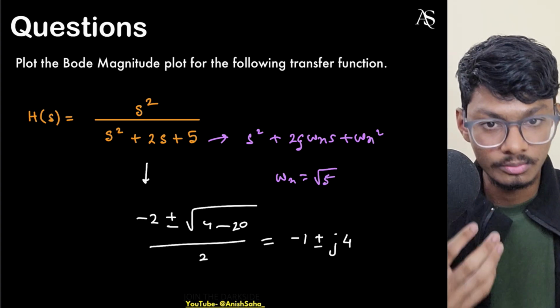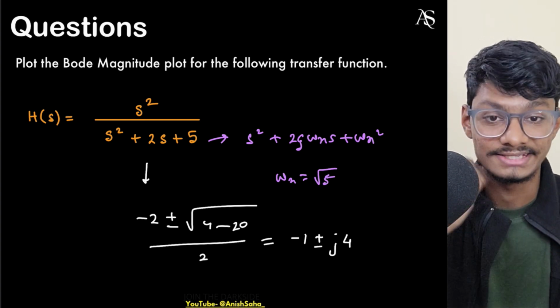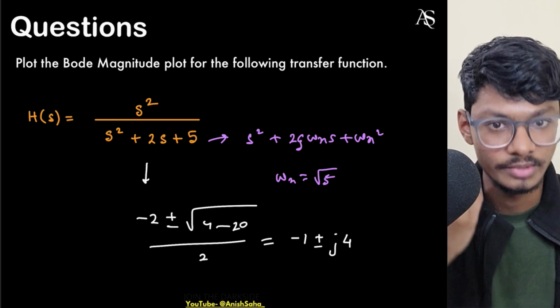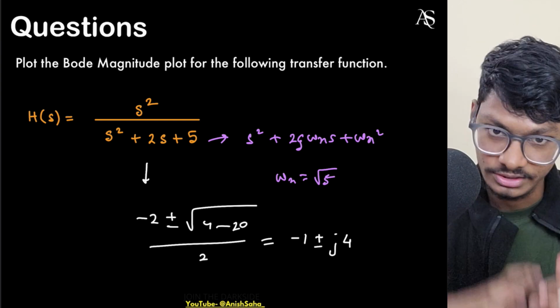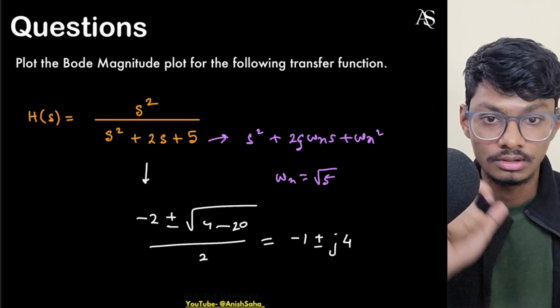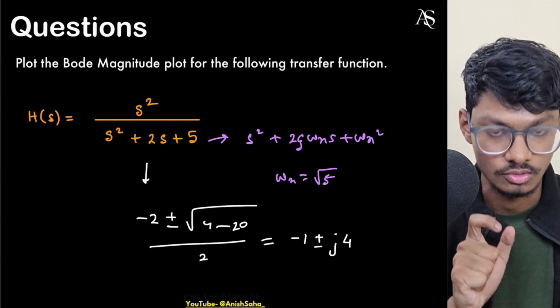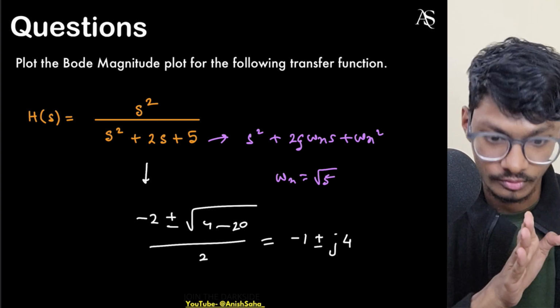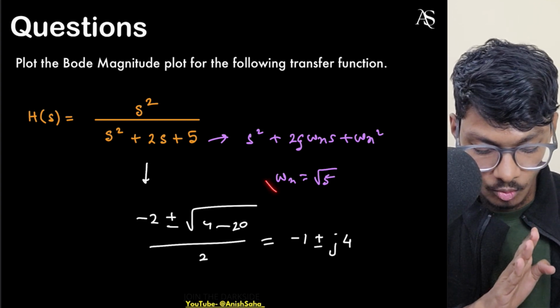So Bode plot is an approximate plot. It is an asymptotic approximate plot. It is not an exact plot. Okay, so obviously we approximate a few things. While defining the Bode plot for second order systems, where my poles are complex conjugate poles, we say that I have a corner frequency at omega equals to under root 5.